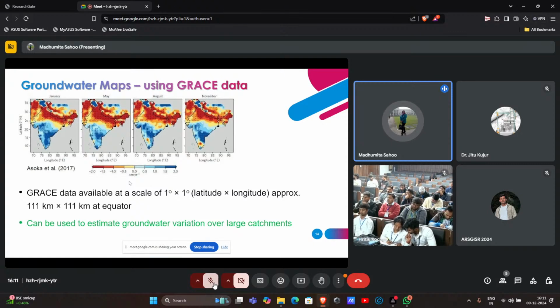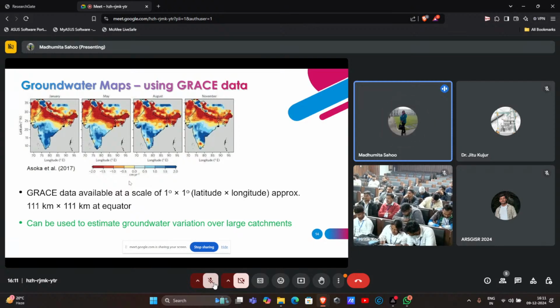But when we talk about smaller catchments, where the entire catchment is less than 1 degree by 1 degree, or within a 1 degree by 1 degree grid, then this will not help. The GRACE data won't help us to use it for groundwater resource management.